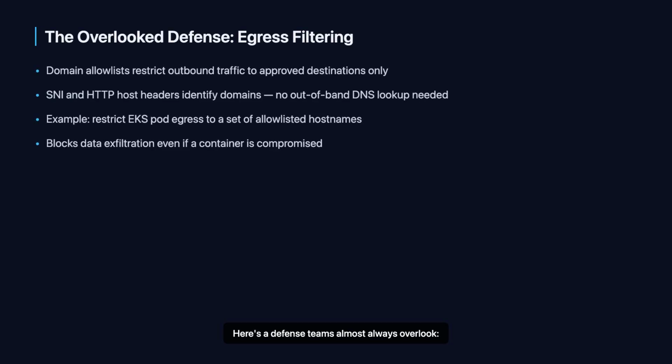Here's a defense teams almost always overlook: filtering traffic on the way out. With Network Firewall, you build a domain allow list that restricts outbound traffic to approved destinations only. It identifies those domains straight from the TLS server name or the HTTP host header, so there's no separate DNS lookup needed. A real example from the Amazon Web Services security blog.